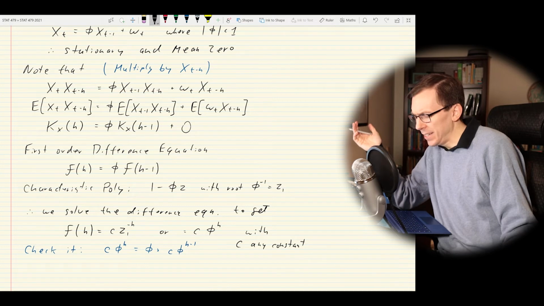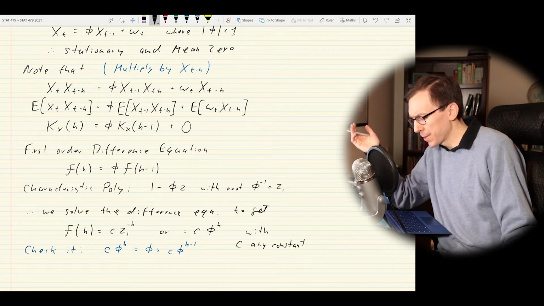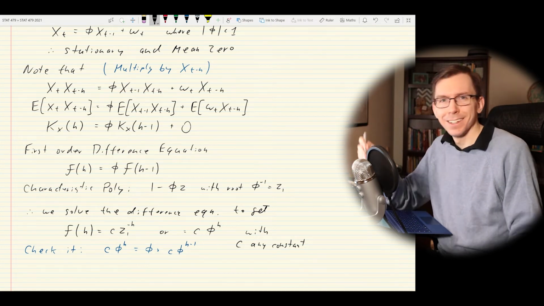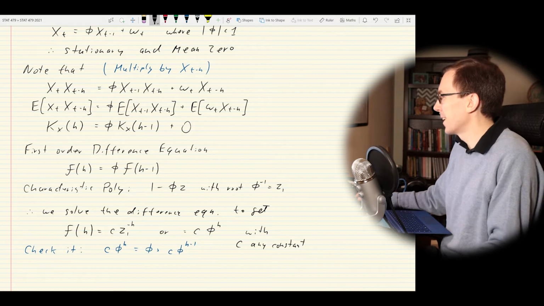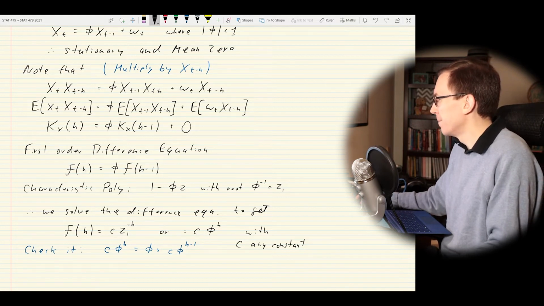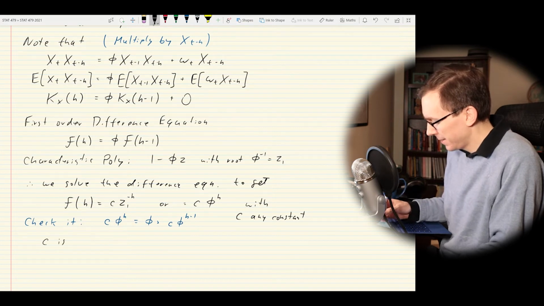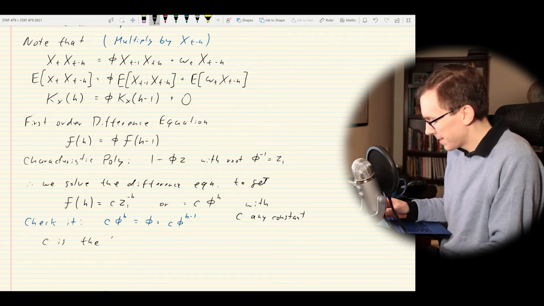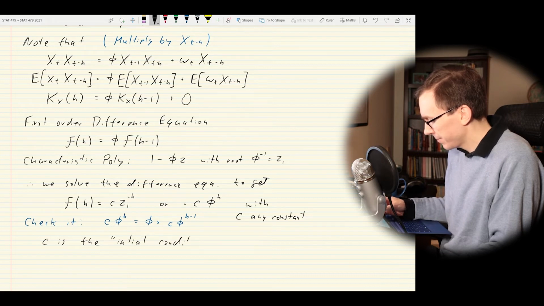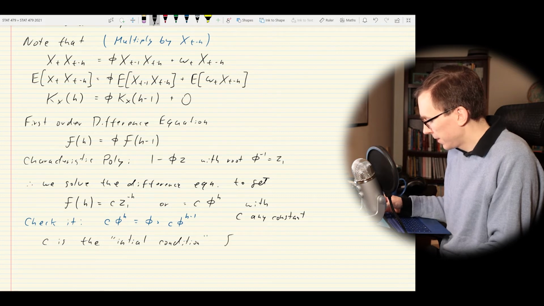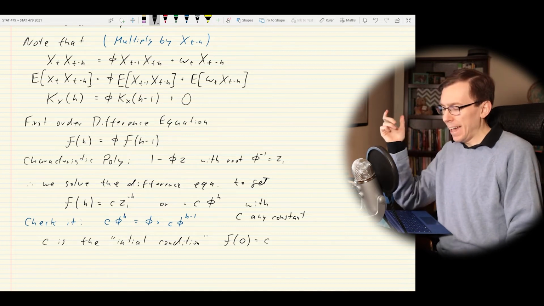Any even 0 or negative numbers would still be fine. It doesn't have to be positive or anything; it can be whatever. I should say that c is the initial condition, which is f of 0 equals c.